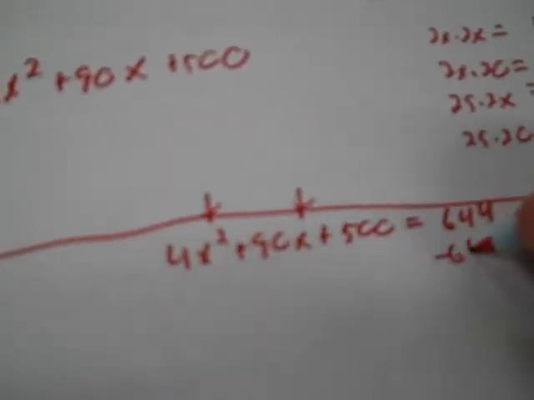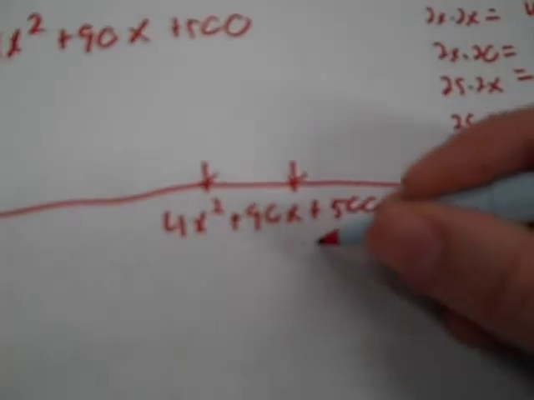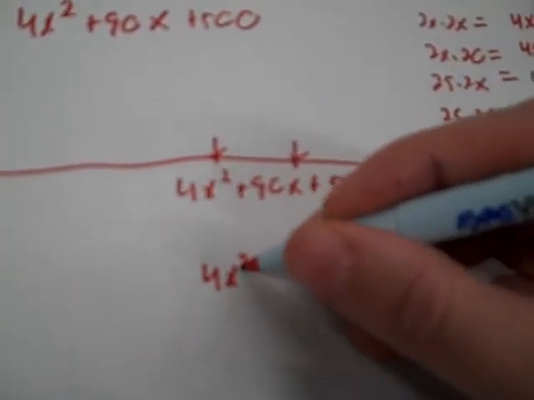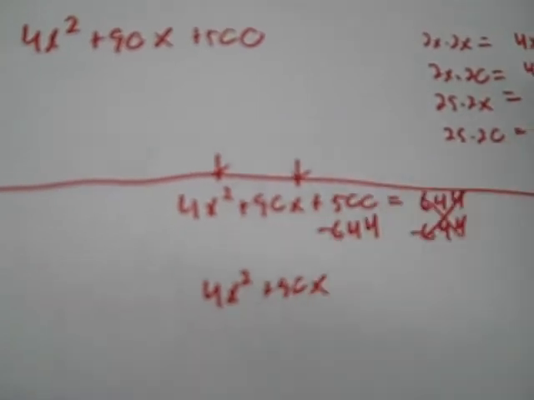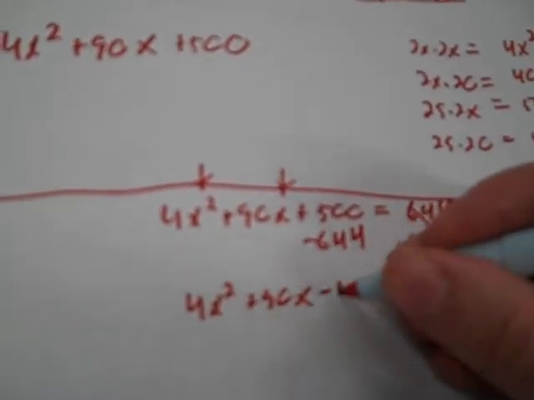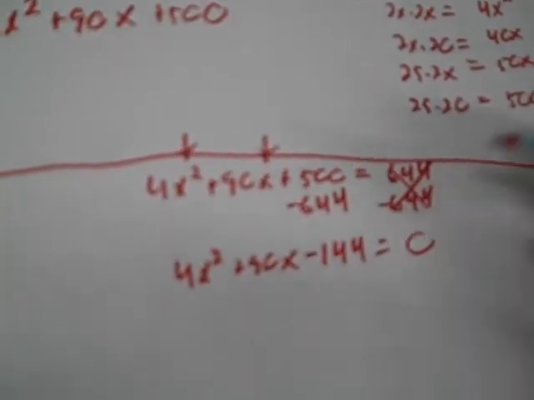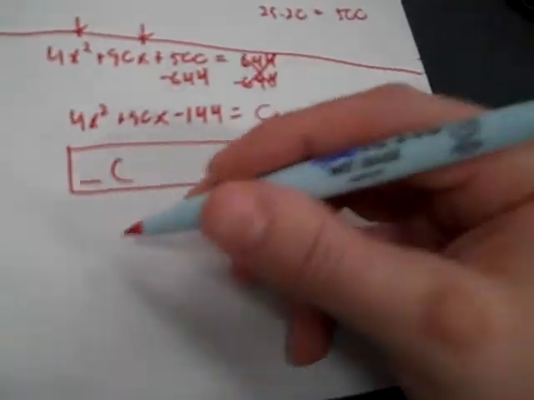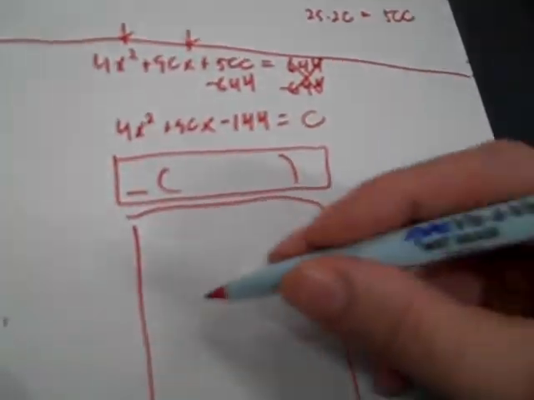I subtract 644, and that gives us 4x squared plus 90x minus 144. Then I do my GCF and my t-chart.